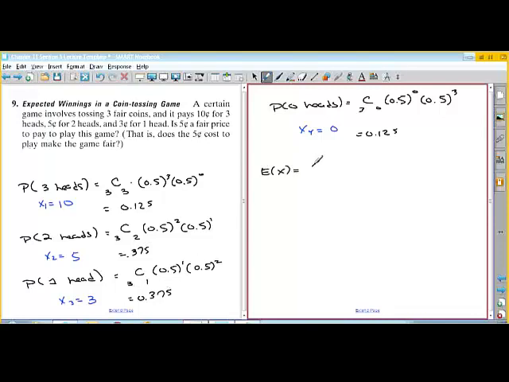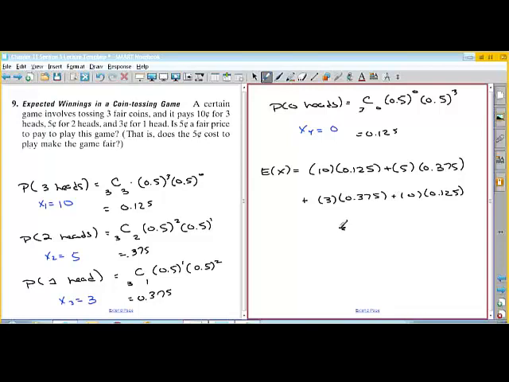So the expected value of this game is going to be 10 times 0.125 plus 5 times 0.375 plus 3 times 0.375 plus 0 times 0.125.